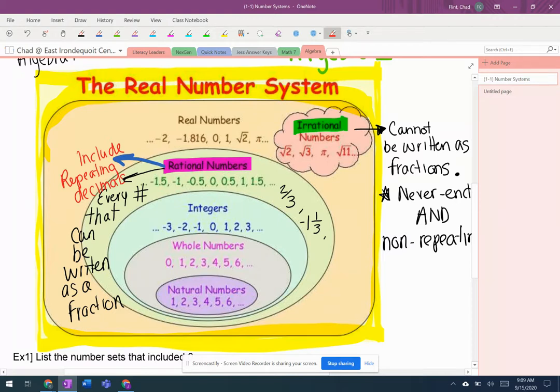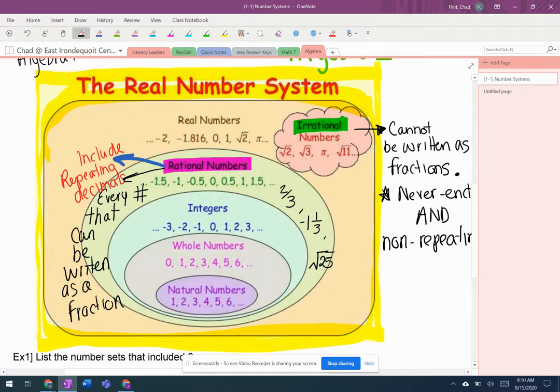Our most common irrational numbers that we'll run into are these square roots that aren't perfect. So the square root of 2, the square root of 3, pi is the most famous one, and the square root of 11. Not to confuse those with numbers like the square root of 25. The square root of 25 simplifies to just be plain old 5, which makes it rational.